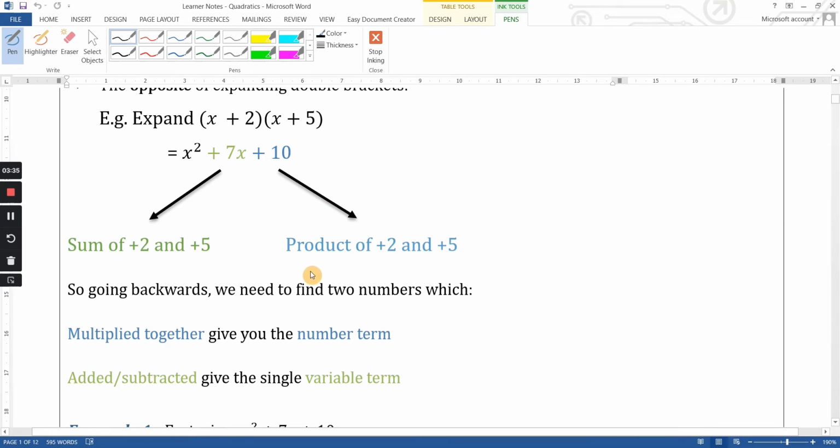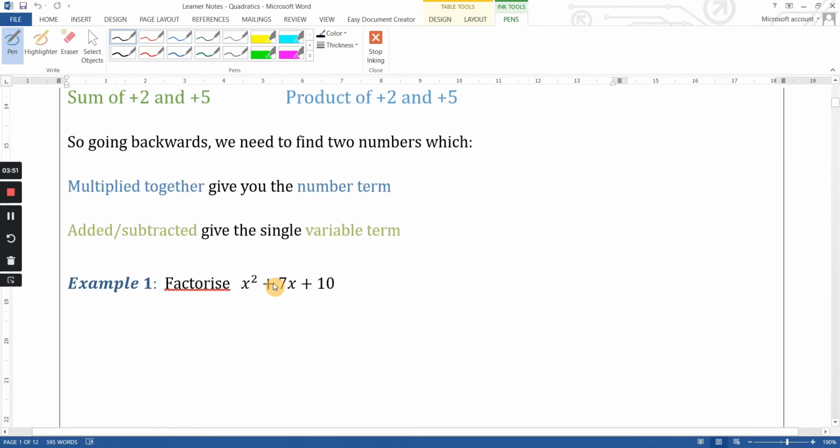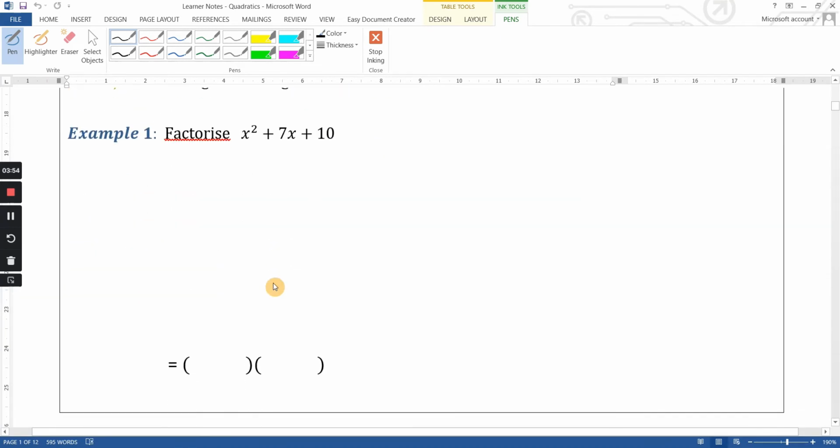So when you're working backwards, you have to think of 2 numbers that multiply to give you the number term, and at the same time add or subtract to give you the variable term. So that's the tricky bit, figuring out what those 2 numbers are. But hopefully I'm going to show you a way of doing it which seems to work for me. Hopefully it'll work for you as well.